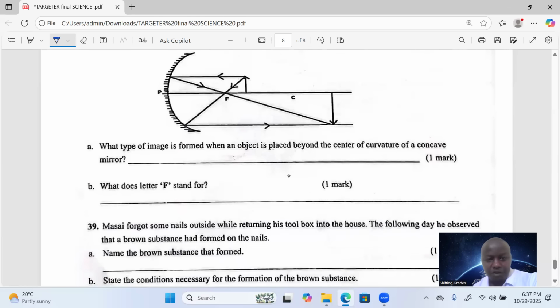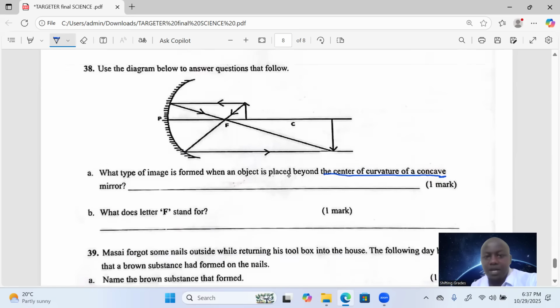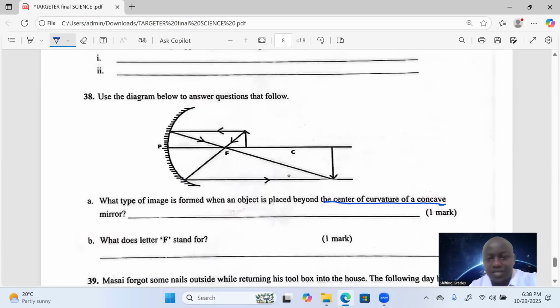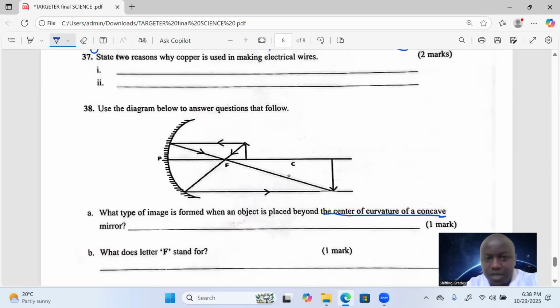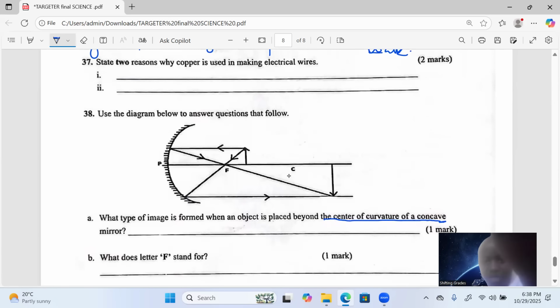What type of image is formed when an object is placed beyond the center of curvature of a concave mirror? So this one, we are not asked about this one now. We asked about another one in case it's placed beyond, at a point like that one.